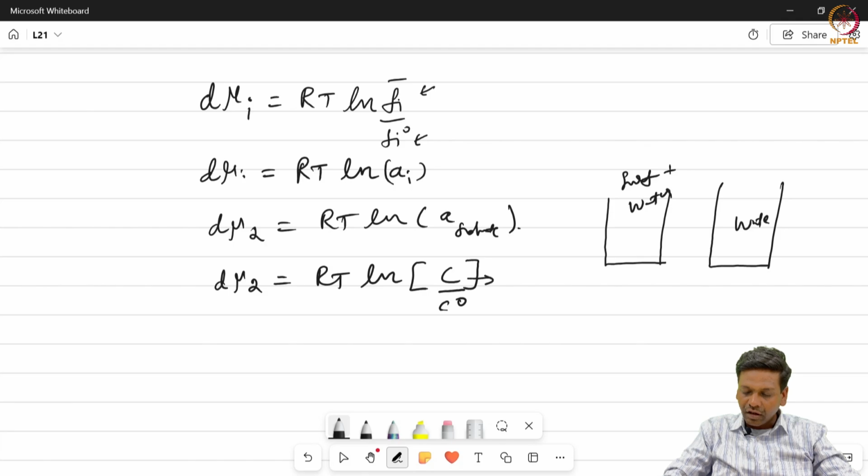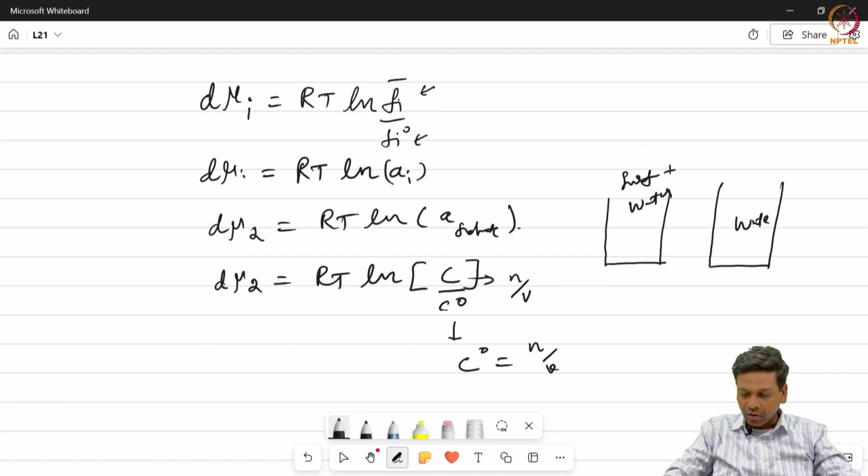Let's say concentration is expressed in terms of n by V, that is moles per liter. Then the concentration based on the pure reference state you can calculate by knowing n by V.